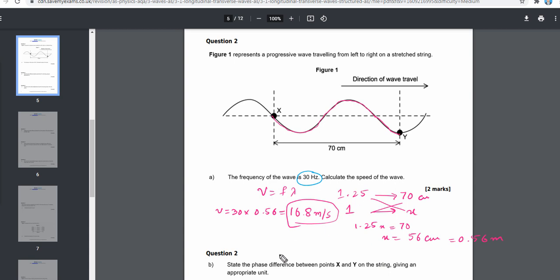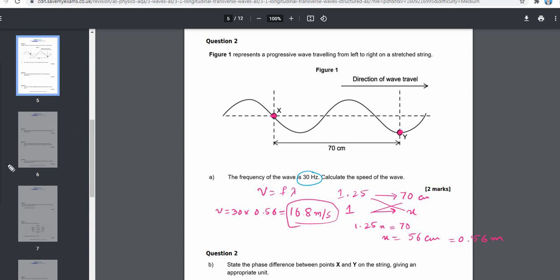Now the next question is, state the phase difference between points x and y on the string, giving an appropriate unit. So we have to find out the phase difference between these 2 points. In order to find the phase difference, we measure the length between the 2 points, divide by the wavelength and multiply by 360.